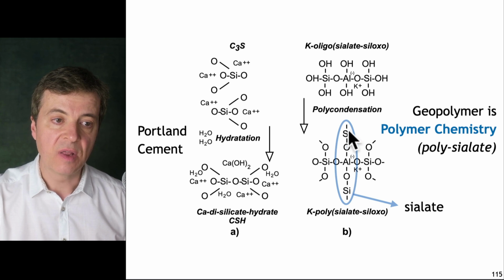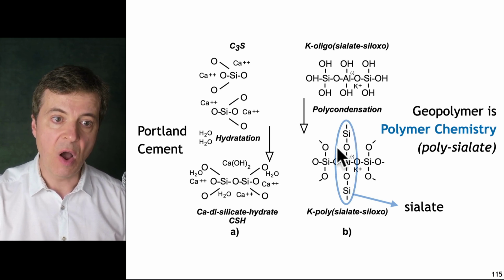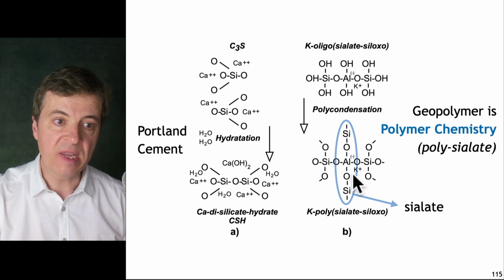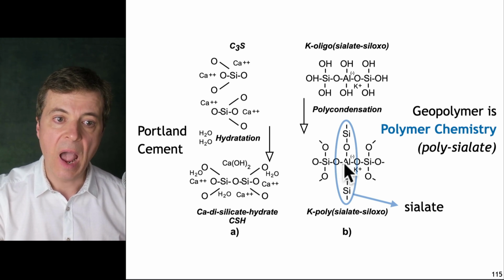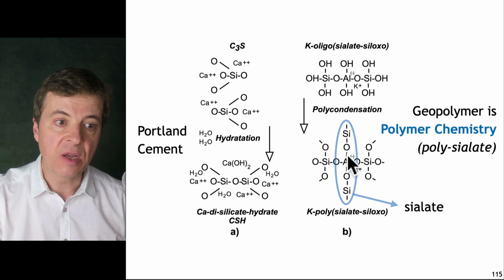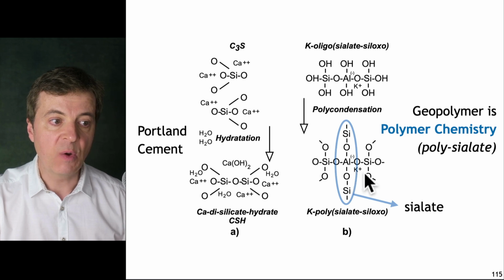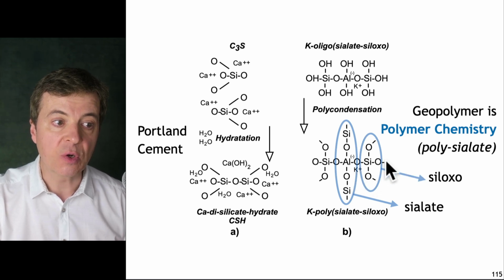We have the sialate link, silica, oxygen, aluminate. Aluminate is aluminum salt with oxygen reacting with potassium or sodium. And we have the siloxo link, silica and oxygen.